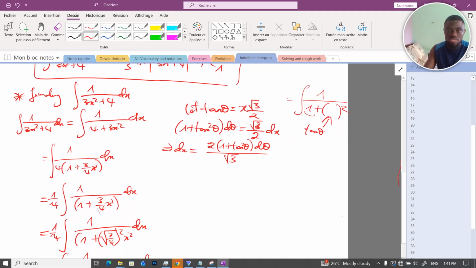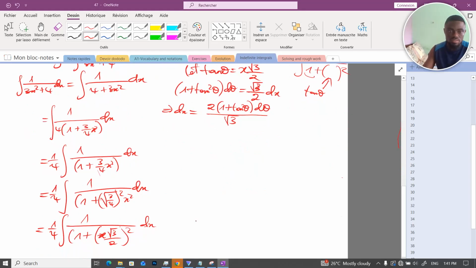So we substitute everything in this last integral we had. This implies 1/4 integral of 1 all over (1 plus (x root 3 on 2) squared) dx will be equals to what? 1/4 integral of what? We replace our dx. What is my dx?